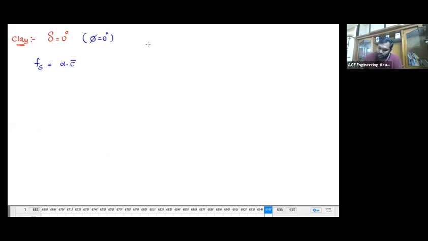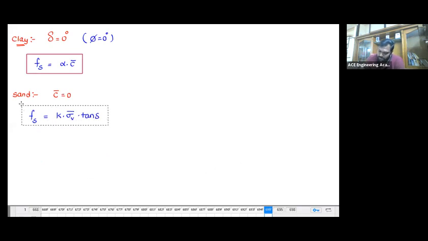Okay, I hope you got this. And in the case of sand, C bar is equal to 0, which means Fs is equal to K into sigma V bar into tan delta. This is how you get it done.